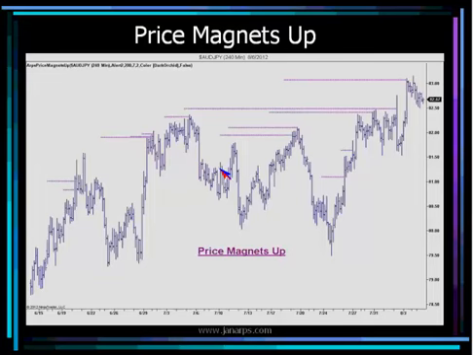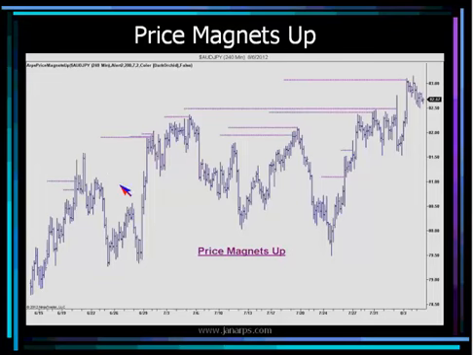So let's look at the price magnets for just a bit. I briefly discussed them on that earlier chart. As I said, when it identifies certain price patterns, it says, oh well, it looks like we've seen a price pattern that indicates that price is likely to move to a certain level. And so it sees a pattern and it starts plotting the magnets.